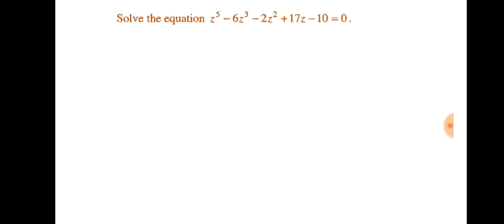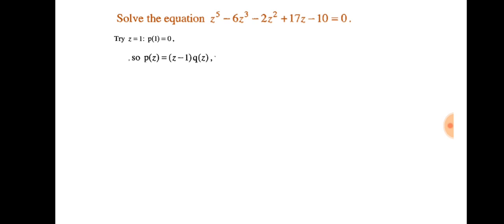Solve the equation z power 5 minus 6z power 3 minus 2z square plus 17z minus 10 equals 0. This equation should have 5 roots. So first we take z equal to 1 and find p of 1. Its value is 0. So z minus 1 is a factor of the given polynomial.